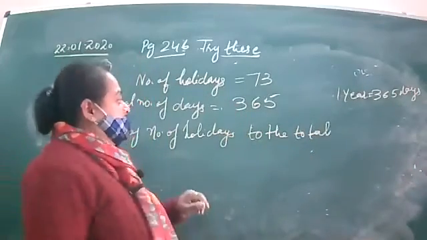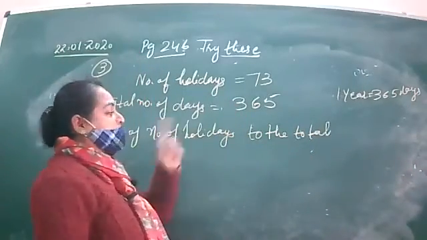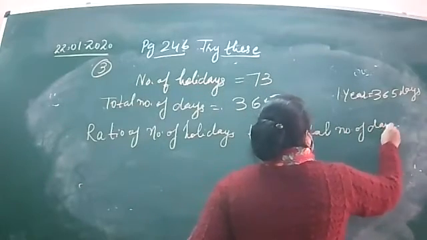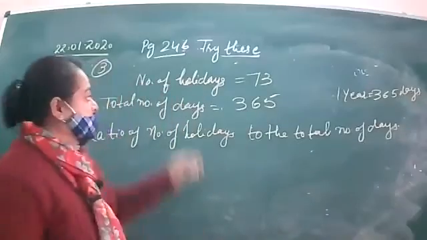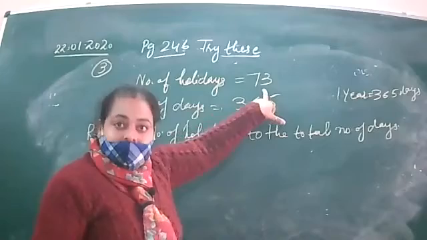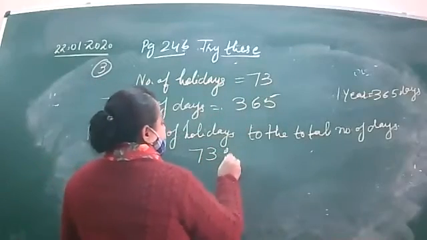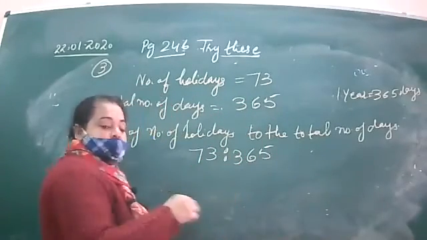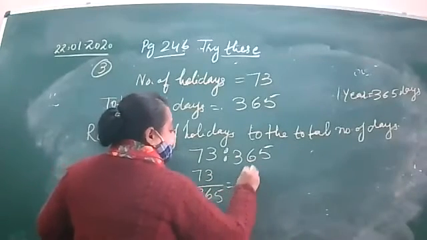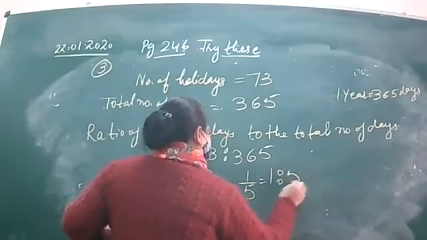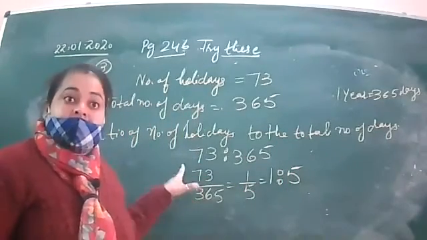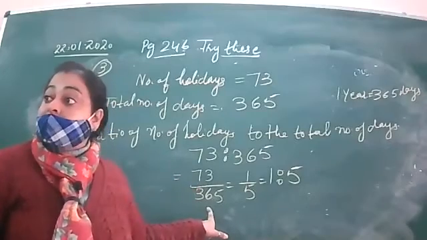Ratio of number of holidays, 73 holidays, ratio 365, which is equal to 73 upon 365, 1 by 5, 1 ratio 5. 73 ones are 73, 73 fives are 365.